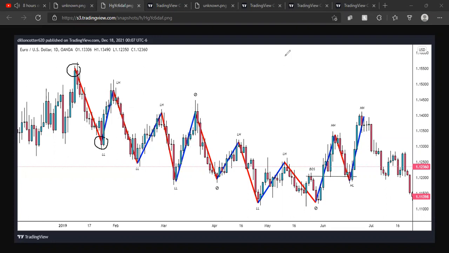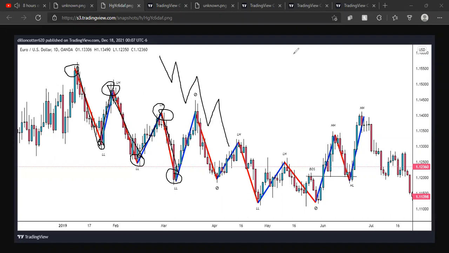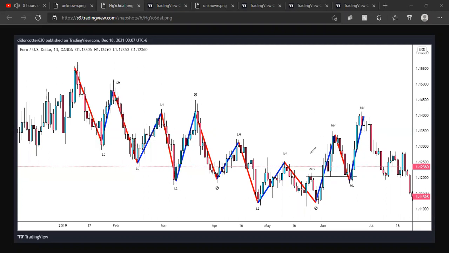You can see from a high to a low, to a high, to a low, to a high, to a low, we're getting bearish order flow, expansion, and retracements. Now, if we look closer to the right over here, we see how this lower low gets created, and then price comes back down on a retracement and matches this low here, this demand area.